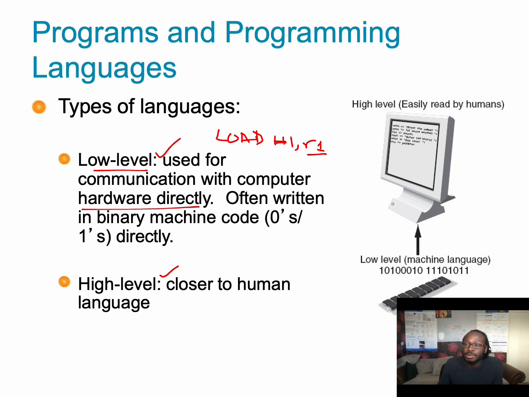If you look at the hierarchy, you have the hardware sitting there, the low level closer to the hardware, and then the high level, which has to go through several stages of abstraction before it eventually gets to the low level and then can go to the hardware to communicate with the hardware.